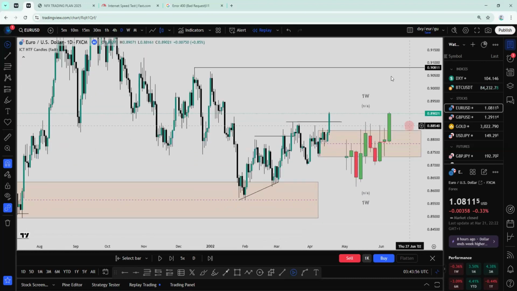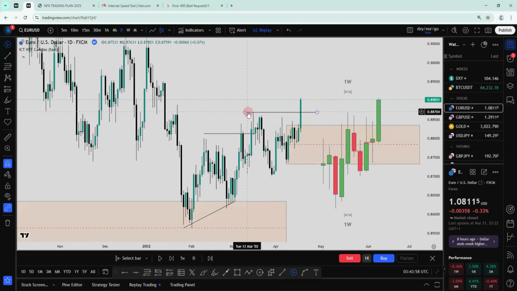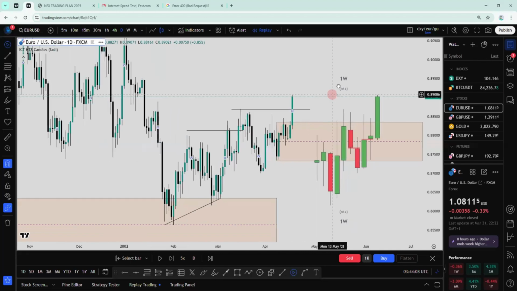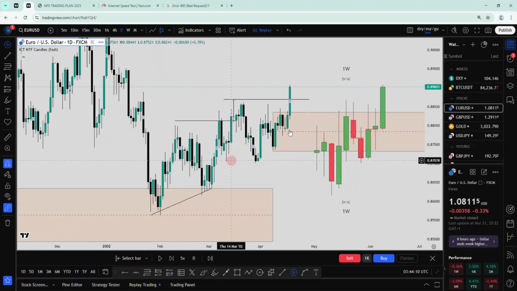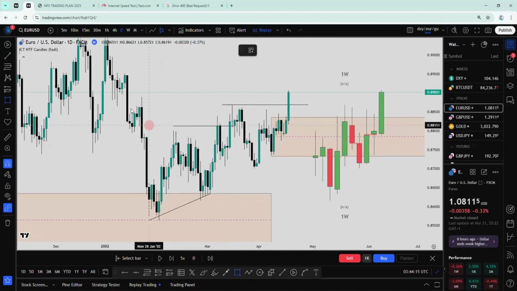All right, so on the daily time frame, what do we have here? Right here, we can see that daily is currently bullish, pushing higher, and we had this other block right here, and the price hasn't touched it yet.